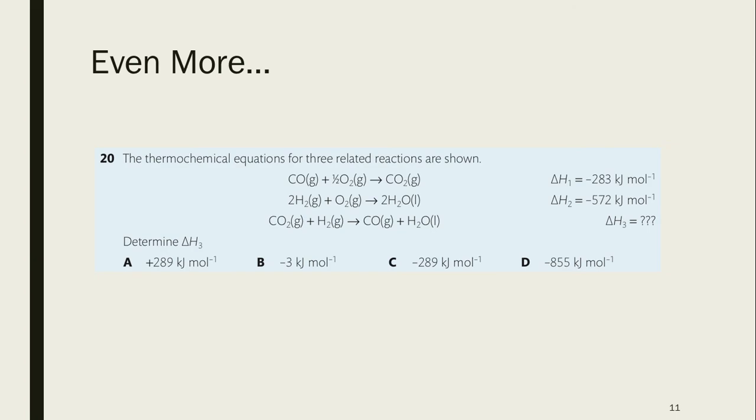Think about what you're given and what you might have to do. Something to consider is the fact that you have two waters in the second equation here, but you only need one at the end. So what do you have to do in that case?